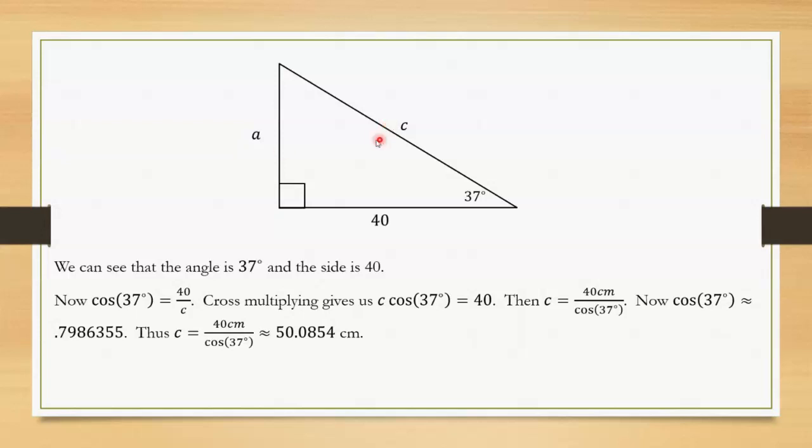So we're not going to use A. We're not going to use Pythagorean's theorem, in other words. If we know what the adjacent side is, and we're looking for the hypotenuse, of course, we're going to want to use the trig function involving adjacent and hypotenuse. That's cosine. If you tried sine or tangent, you would see they would involve A. Cosine involves the 40 and the C. That's what we want. Remember, we're not using A here.